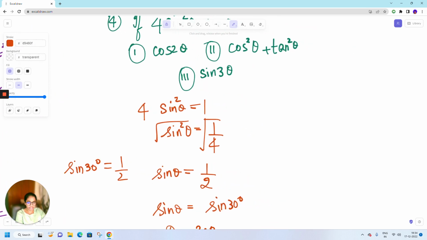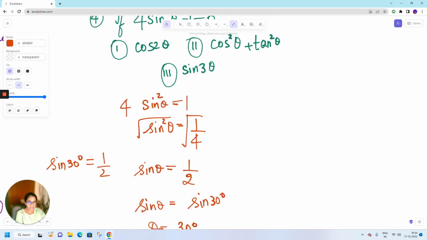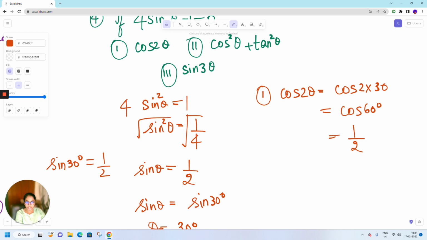Let us try finding the first one, that is, they have asked us to find cos 2 theta. That is cos 2 into 30, which would be cos 60. What is the value of cos 60 degree? That is half. Okay.